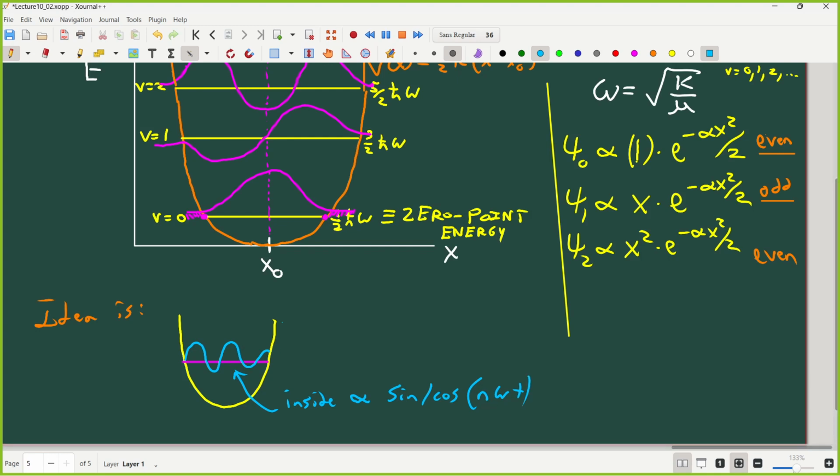And then on the outside of the function, outside of the wall, it decays away. And let me make sure that this is symmetric. Sorry, guys, it's kind of sloppy. It's got to be symmetric. There we go, something like that. It's got to be the same on both sides. And then on the other side, outside of the potential, it goes to 0. And this looks like e to the minus x squared.